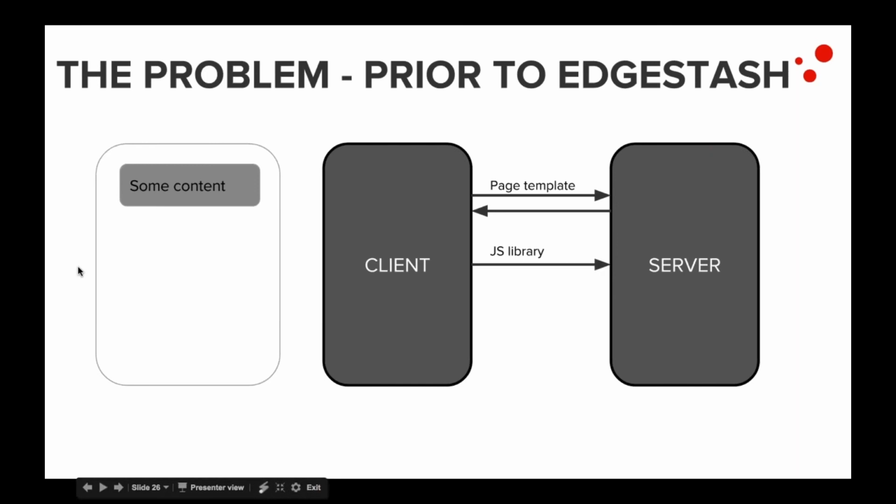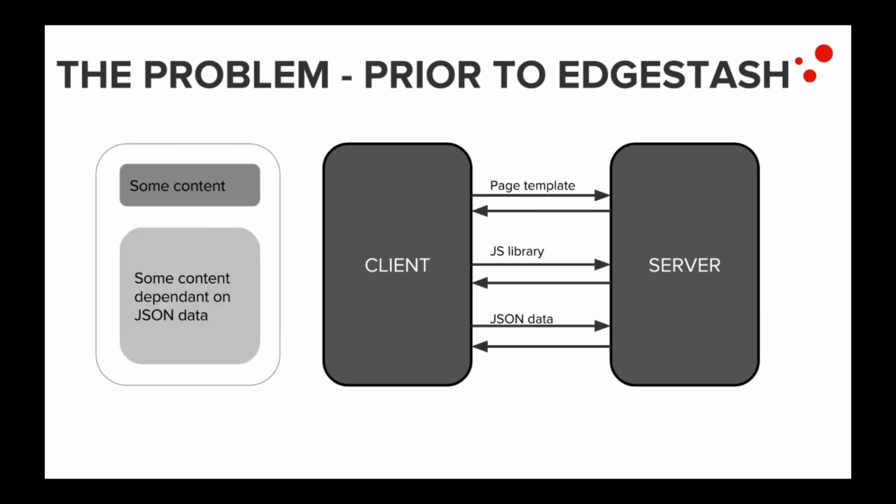Eventually, the client will send another request to the server asking for a JavaScript library, and that's a second round trip. It does receive the JavaScript library, but without a JSON file, we can't really render anything. So it's basically 3 round trips before the web browser is able to render the page to the final user.